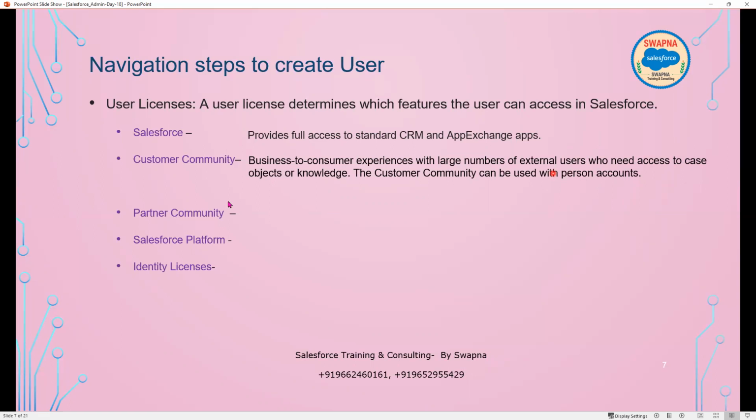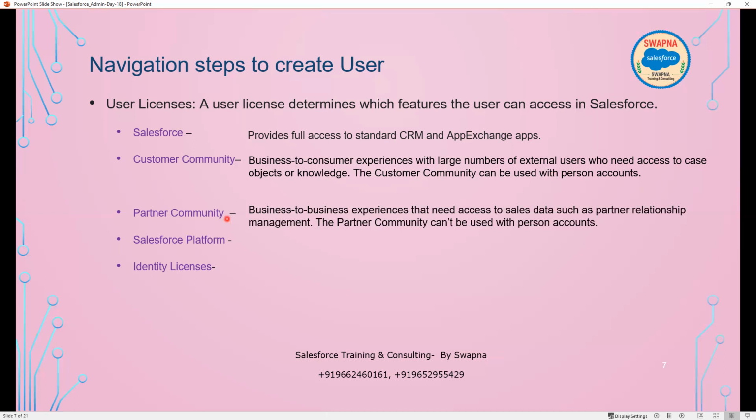The next one is partner community. Customer community is business to customer. Partner community is a business to business experience. Partner community needs some additional access, because they want to cross verify some more objects, which we do not want to show to the customers, but we need those objects to be visible to another business.